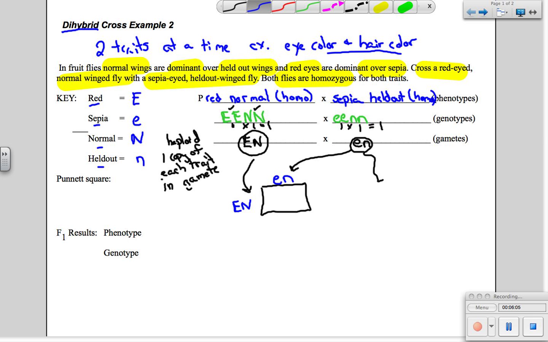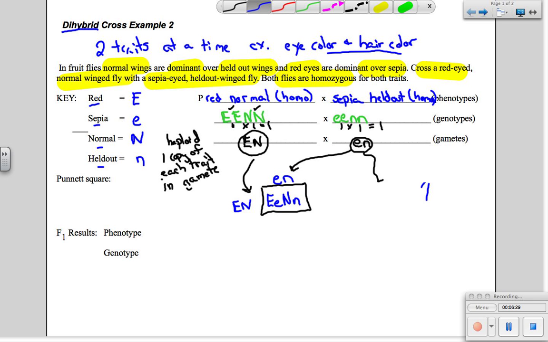Okay, one possible gamete across the top, the other parent's gametes on the side. Now if I cross these and put them together, convention says the capital letter is always listed first. I have capital E, lowercase e, capital N, lowercase n. That's the genotype of the F1 offspring.